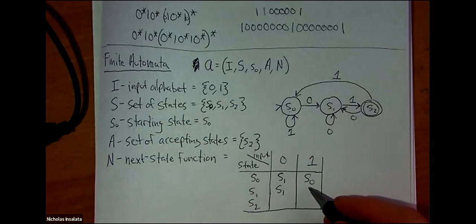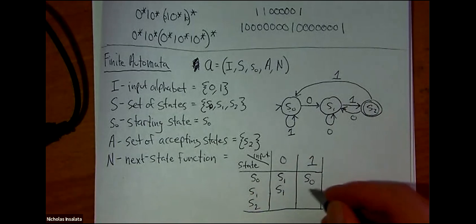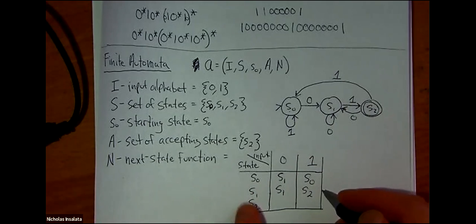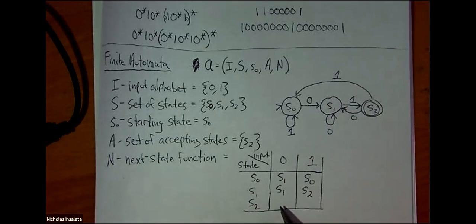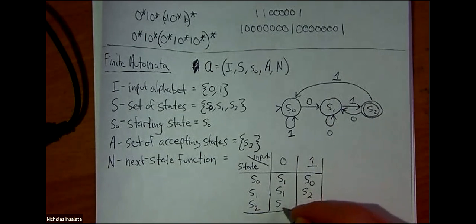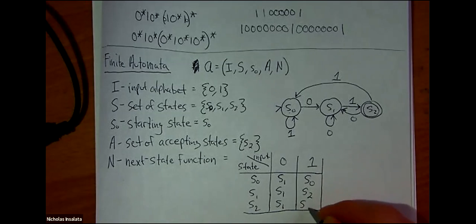Where do we go? S2, okay. About S2 reading a 0. Where do we go? S1. Finally, S2 reading a 1. S0, very nice.